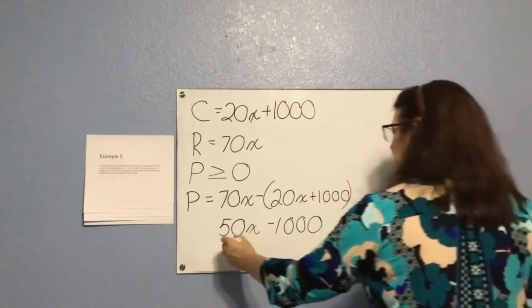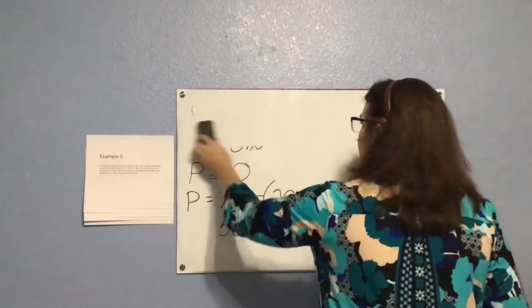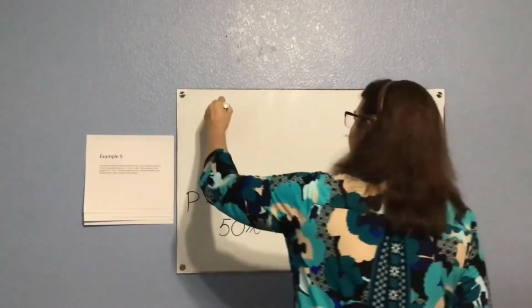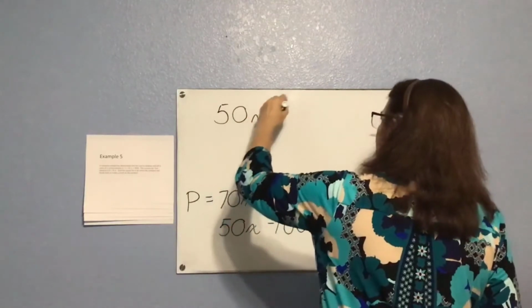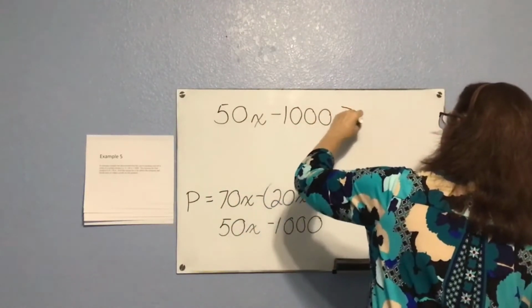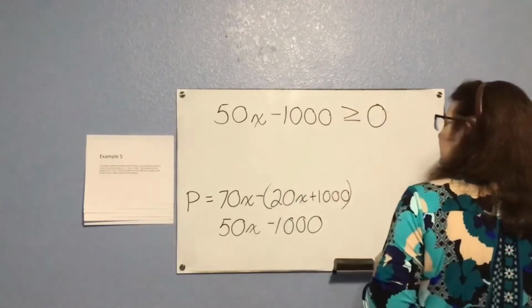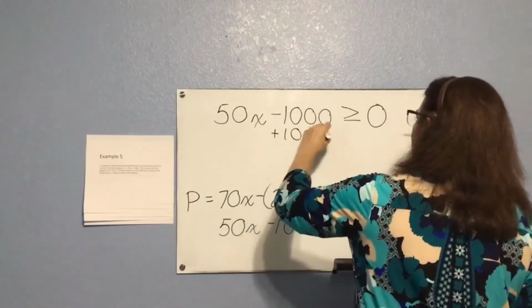So this is the expression I'm going to use for profit. So I'm going to have 50X minus 1,000. I want that to be greater than or equal to 0. I'm going to start by adding 1,000 to both sides.